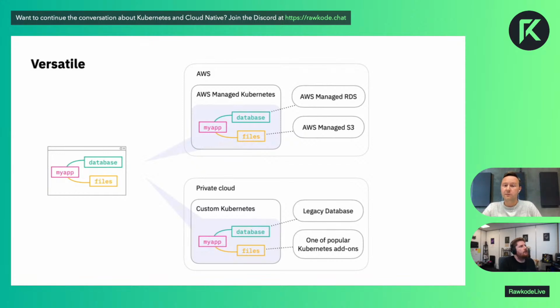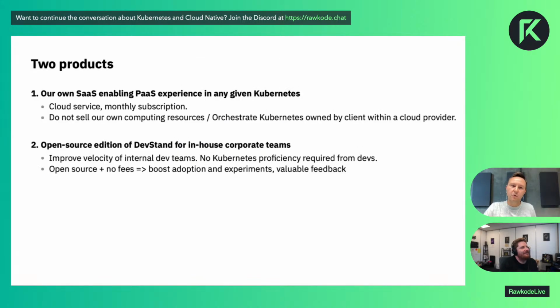And once you need, for example, a database, you can have a managed database from a cloud provider, like this serious thing, in the very same simple way as that just little square on your canvas. And what I see for the future of DevStand is a couple of products.